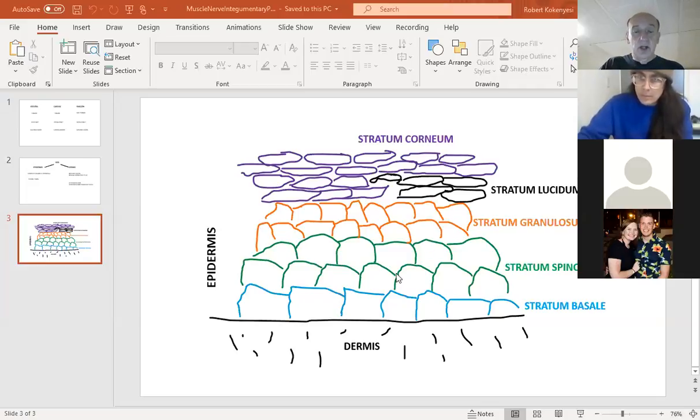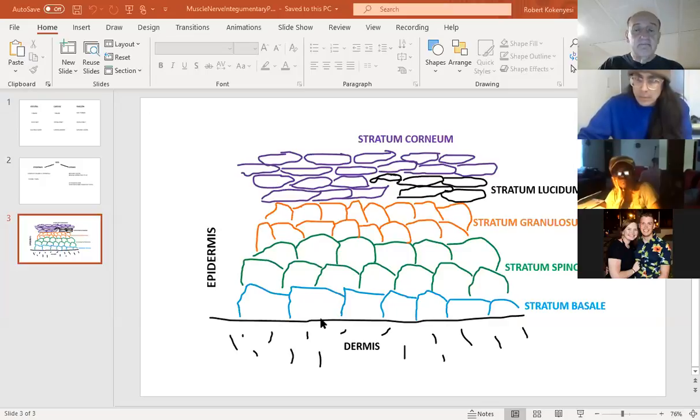So all nutrients and oxygen need to diffuse from the dermis. And stratum basale cells are very close to this flow of nutrients and oxygen. They live really well, and they have the energy, the nutrient source to divide. So stratum basale cells multiply 24/7.